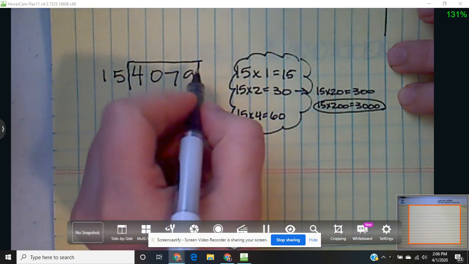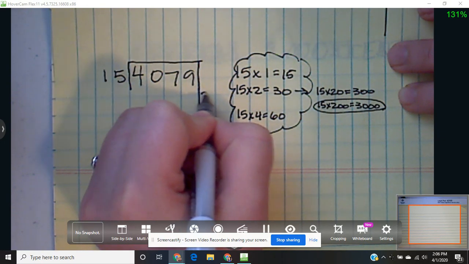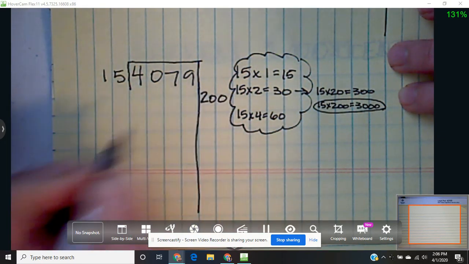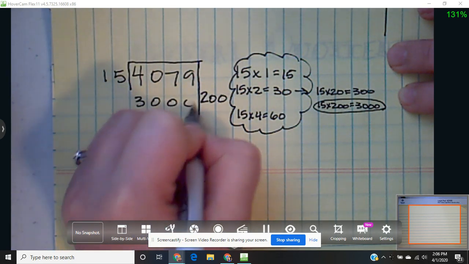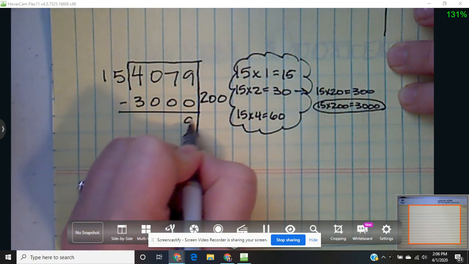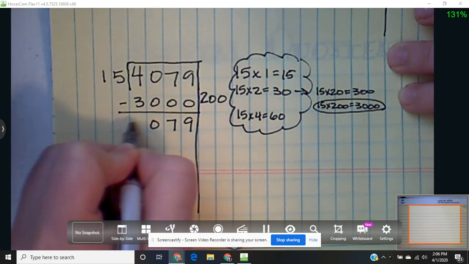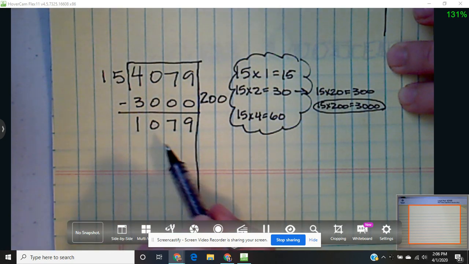So I'm going to start, I've kind of worked into my problem here, sorry. 200 groups of 15 gives me 3,000 that I can subtract. So 9, 7, 0, and 4 minus 3 is 1. Okay?